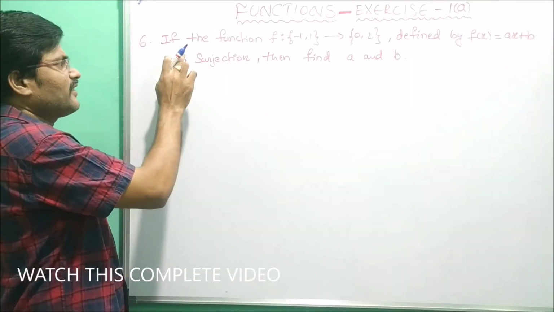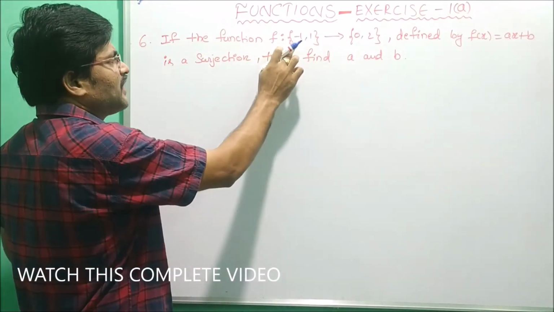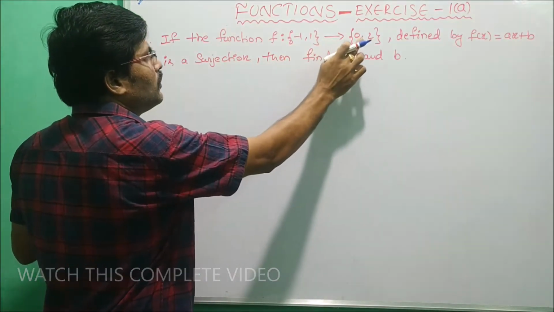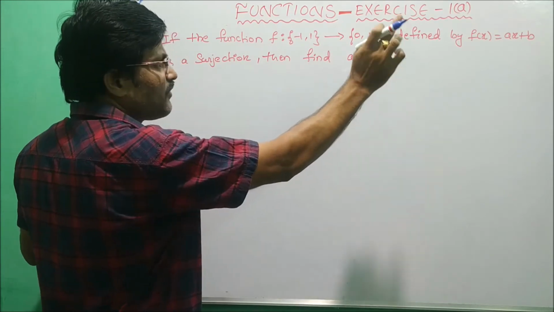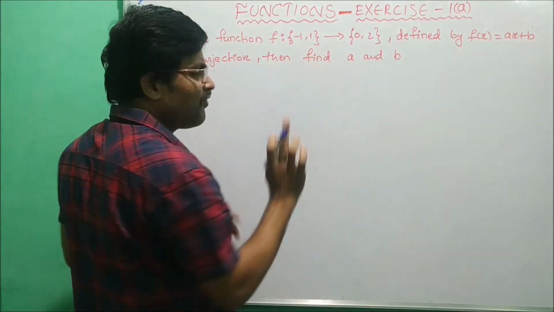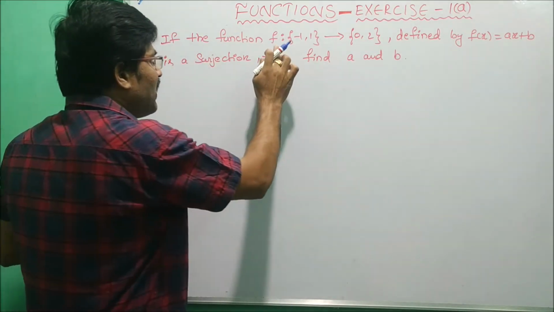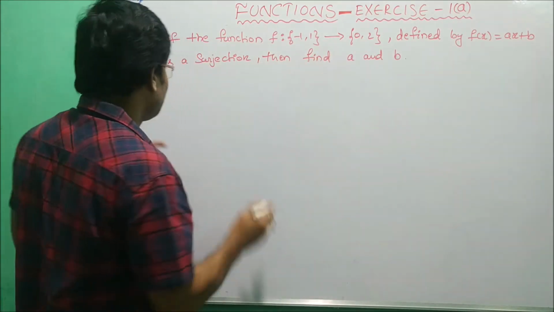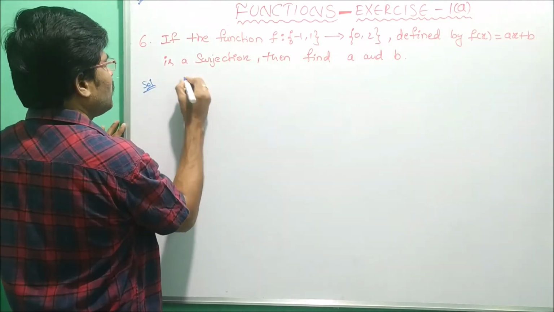Now the sixth one is: if the function f from the set {minus 1, 1} to {0, 2} defined by f of x equal to ax plus b is a surjection, then find the values of a and b. Here the given function is a surjection. Now we go to the solution.